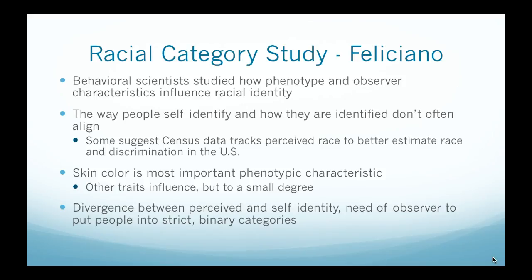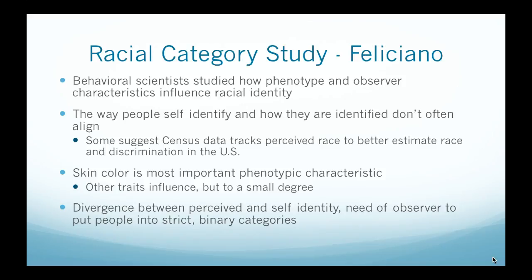So the observer needed to put people into very strict binary categories, and usually it went to the darker skin tone. So if someone identified as black and white, if their skin was darker than, let's say, the average white individual, they would go in the black category. So there wasn't a lot of blending of the races there.